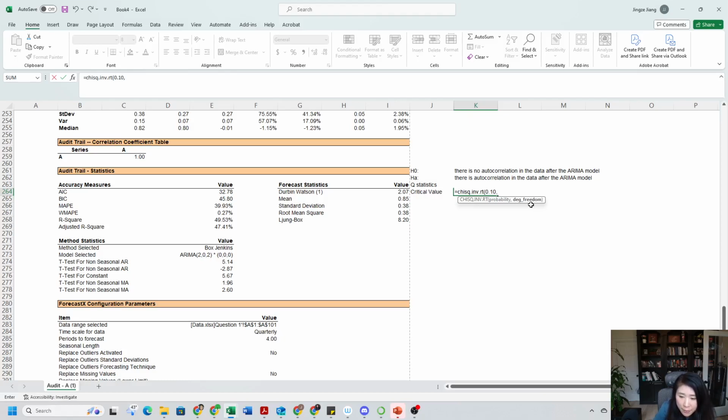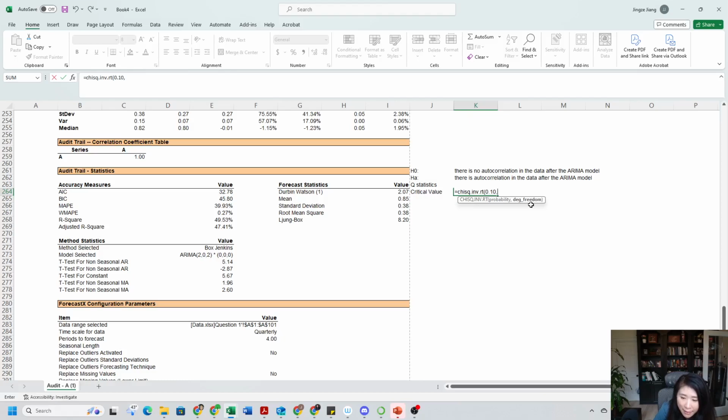Remember, in the lecture we mentioned that by default, ForecastX will choose the lag M. The degrees of freedom are equal to M minus P minus Q, where M is the lag we use to calculate the Ljung-Box statistic.